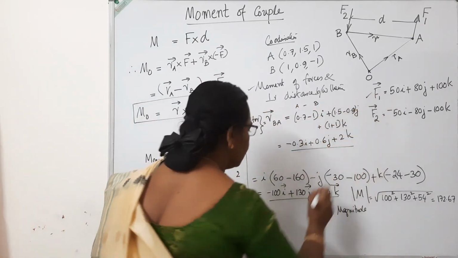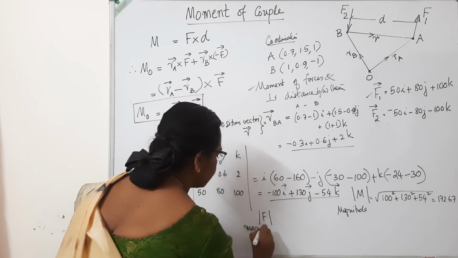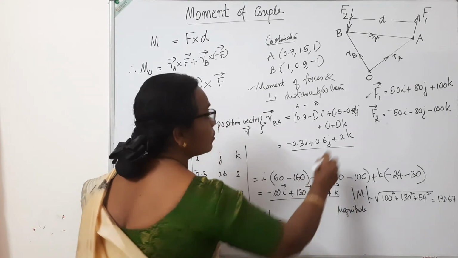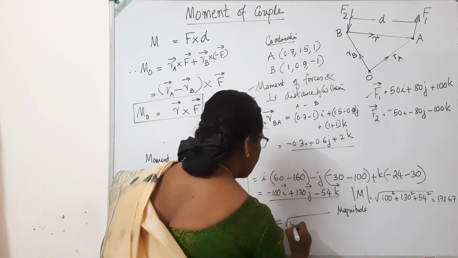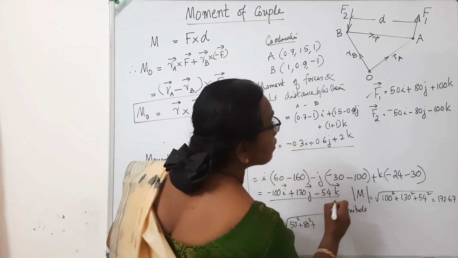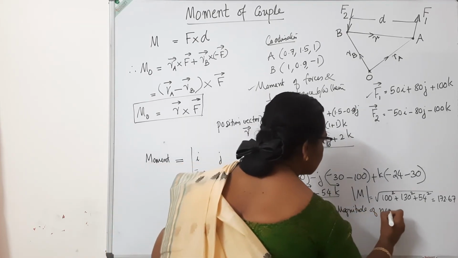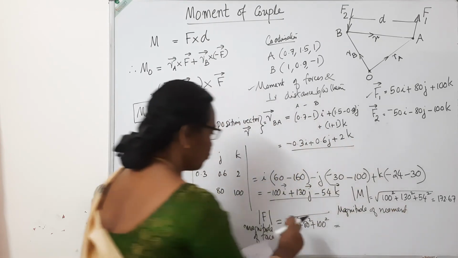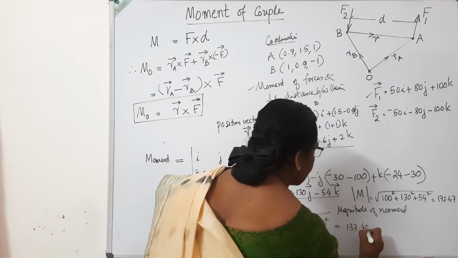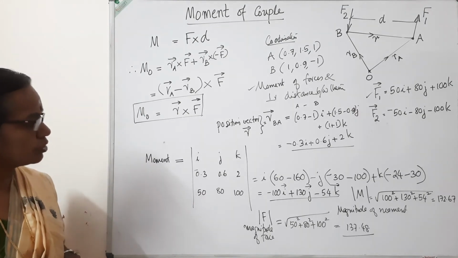The force is 50i plus 80j plus 100k, so let us write down the magnitude of force. That is equal to square root of 50 square plus 80 square plus 100 square, which is 137.48.